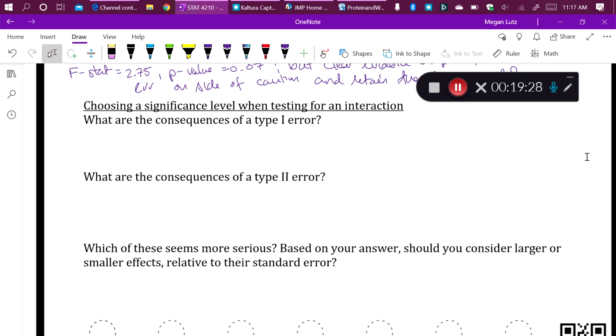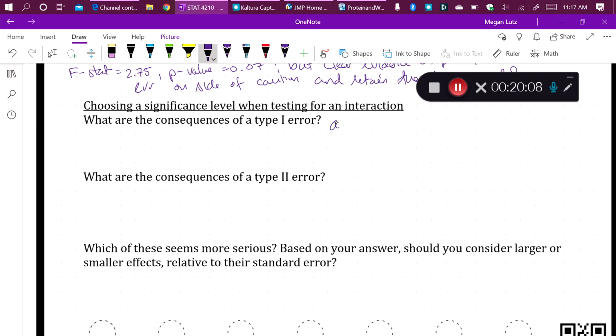So let's think again about a type 1 or type 2 error. What is a type 1 error in this context? A type 1 error would be rejecting the null hypothesis of no interaction when there really is no interaction. We'd be identifying an interaction as present when there really is not an interaction. So we'd say that there is not a constant effect of the protein source for the different levels of protein when the effects are really the same. What does that consequence really mean for the model?